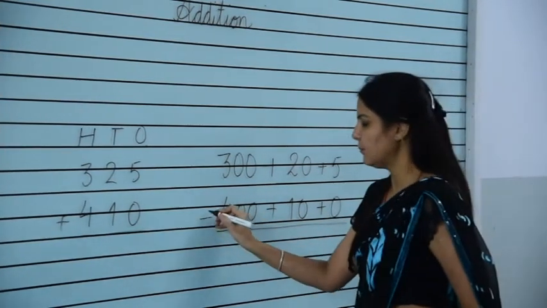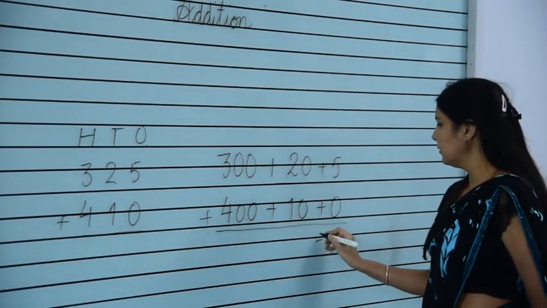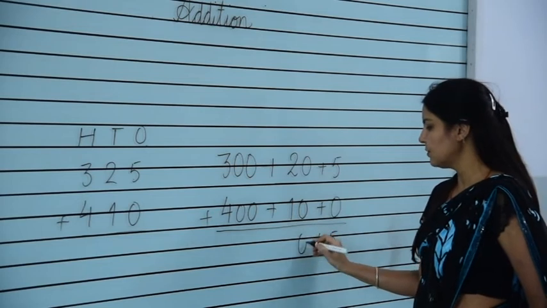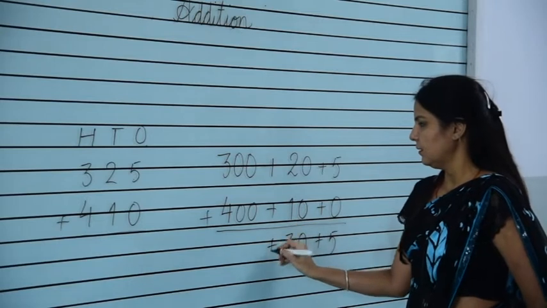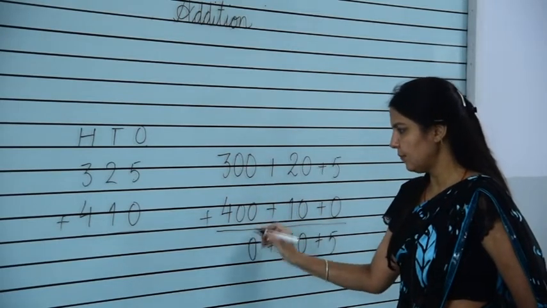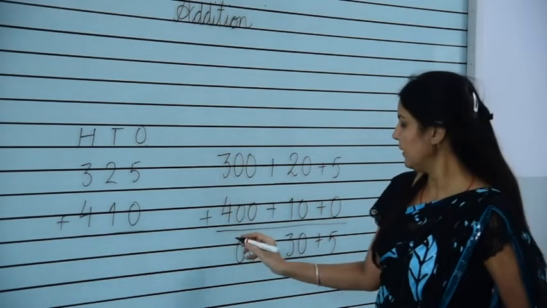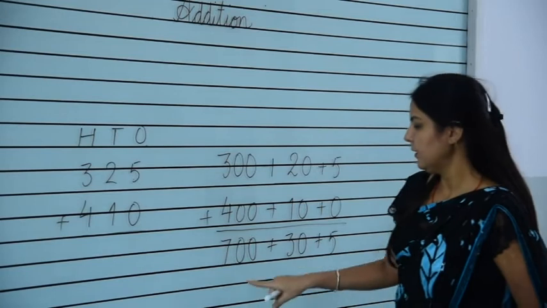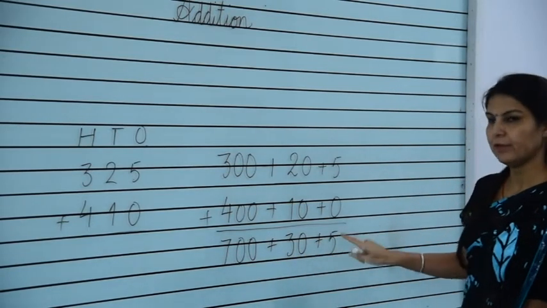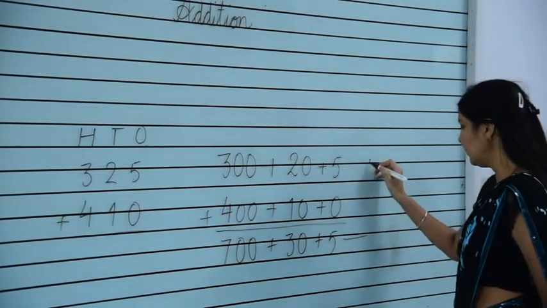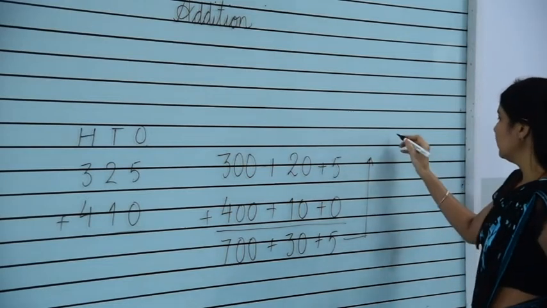Now we will add these numbers. 5 plus 0 will be 5, 0 plus 0 is 0, and 2 plus 1 is 3. Now 0 plus 0 will be 0, 0 plus 0 again 0, and 4 plus 3 will be 7. So what do we get? We get 700 plus 30 and 5. So we will carry these numbers forward.